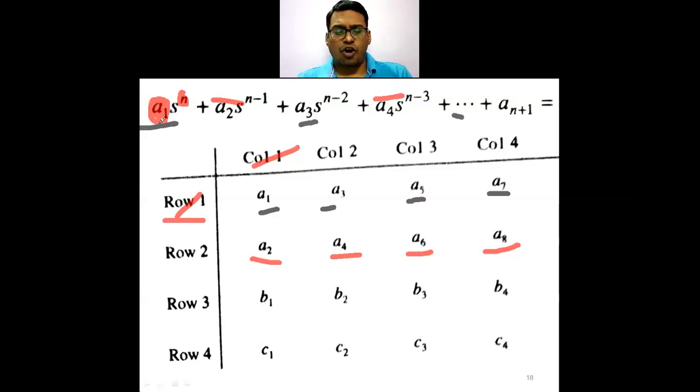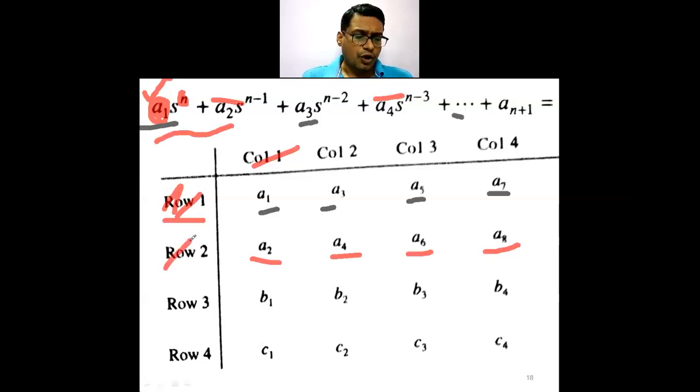The odd coefficients are kept in the first row, and the even coefficients in the second row. Then the elements of the first two rows are obtained from this characteristic equation. That is the use of this characteristic equation. From it, we have obtained the coefficients for the first row and the second row.